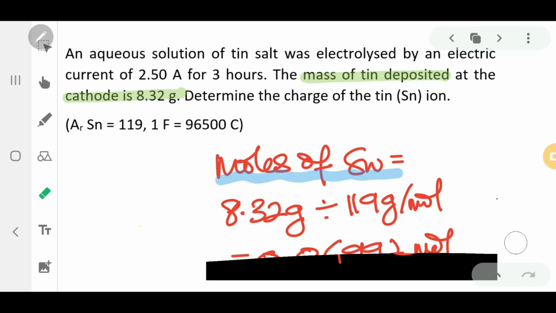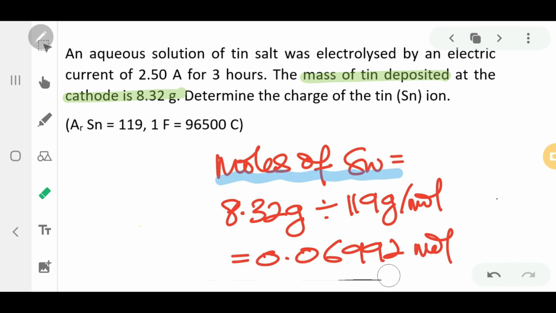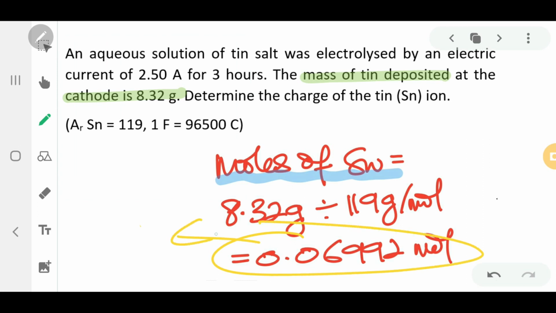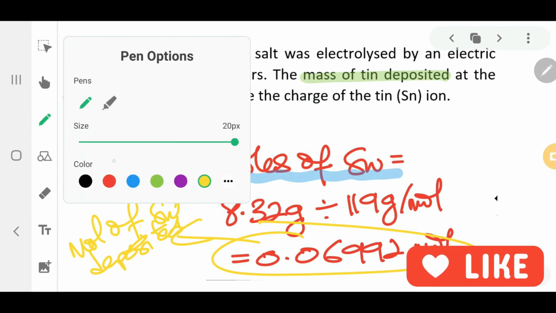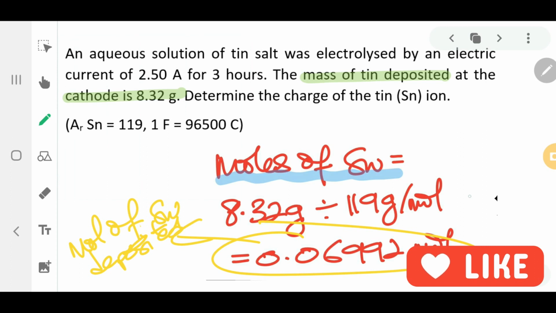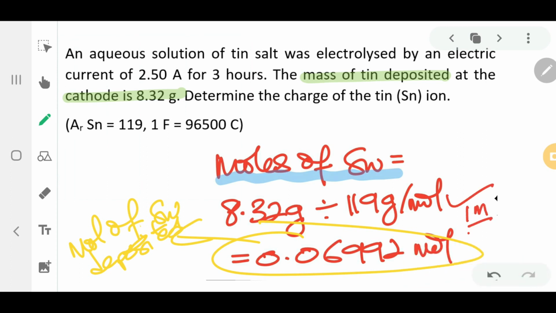We take that value of mass and divide that with the molar mass of tin, 119 gram per mole, and we will be able to work out the number of mole of tin being deposited in the electrolysis. So that is the mole of tin deposited. By writing this, you would be able to get 1 mark for that.